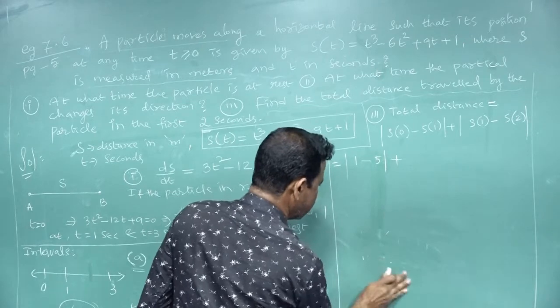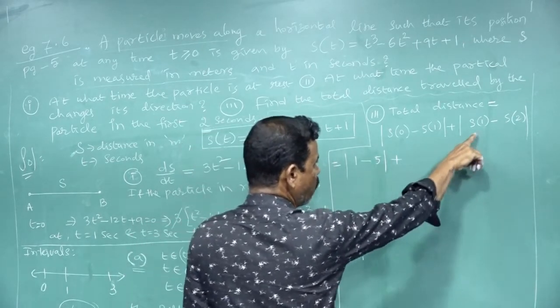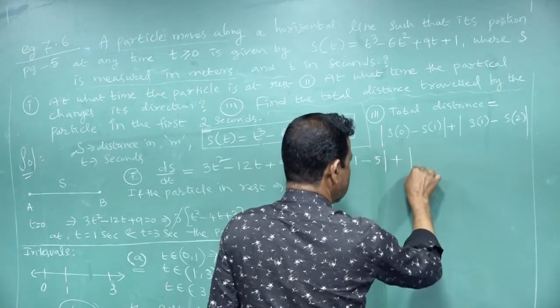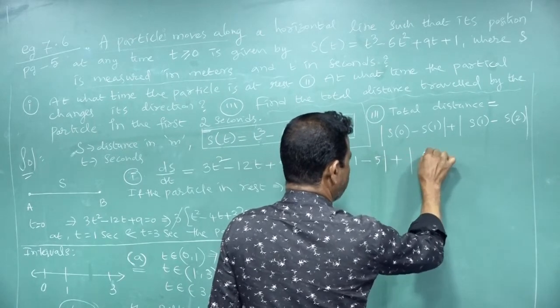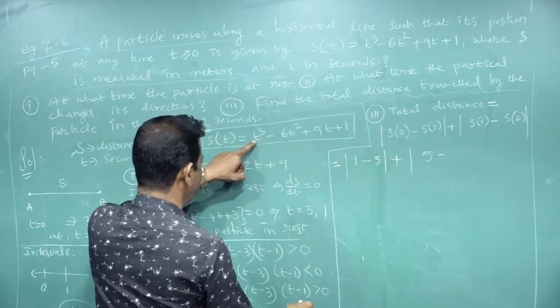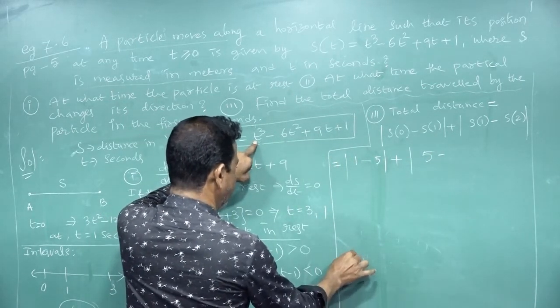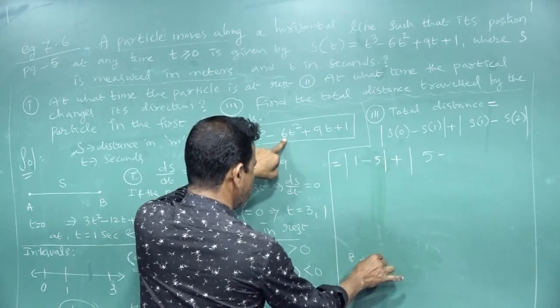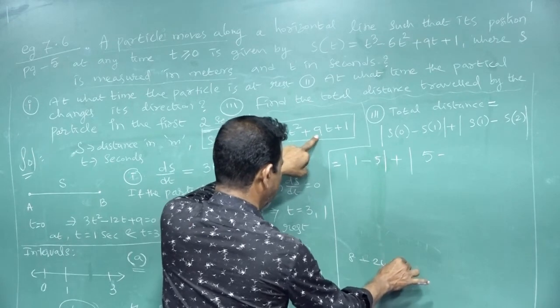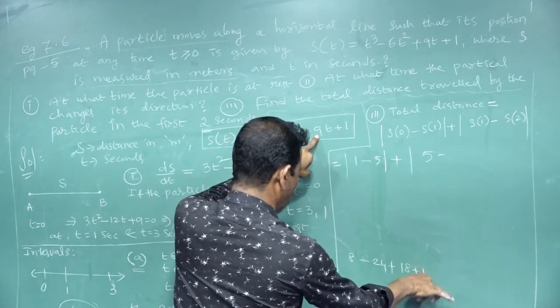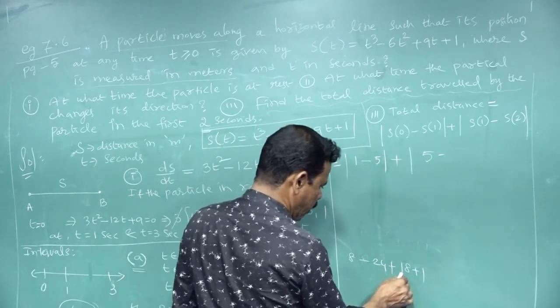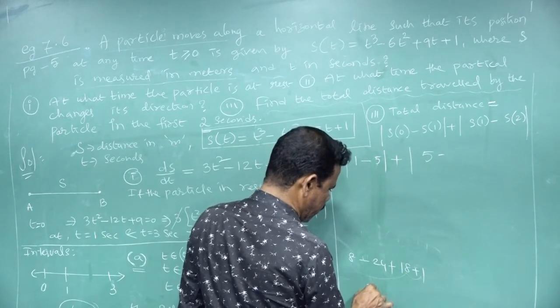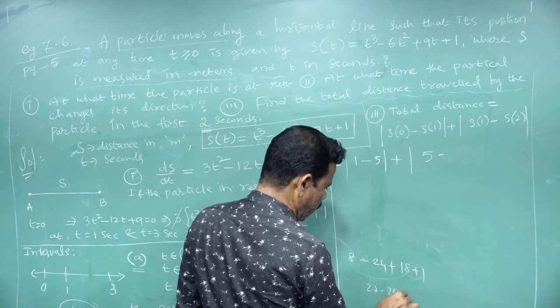Plus, after this, S of 1 minus S of 2. S of 1 we know is 5, minus S of 2. Substitute 2: 2 cube is 8, minus 6 into 2 square 4, 4 into 6 is 24, plus 9 into 2 is 18, plus 1. So the plus values are 8 plus 18 plus 1 is 27, minus 24, it is 3.